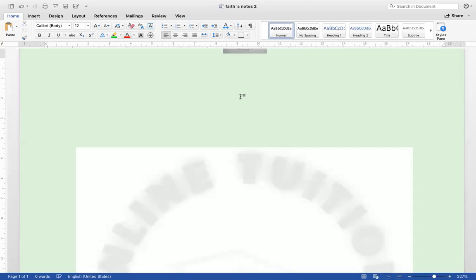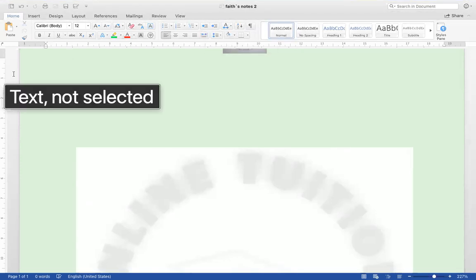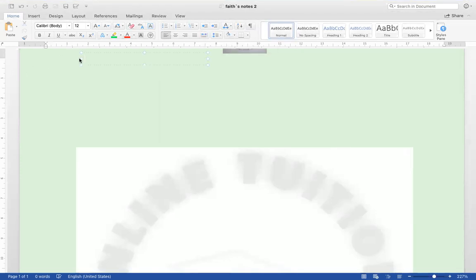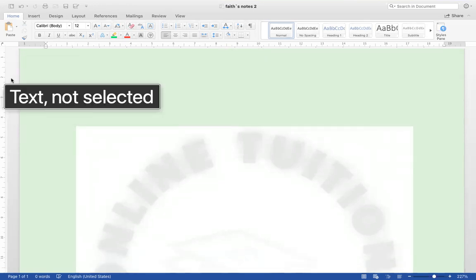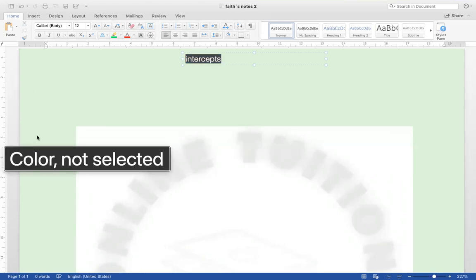So, remember my last few remarks that I made, which were talking about the intercepts. If you remember very well, I said that the intercepts are the points where the graph cuts the axis.